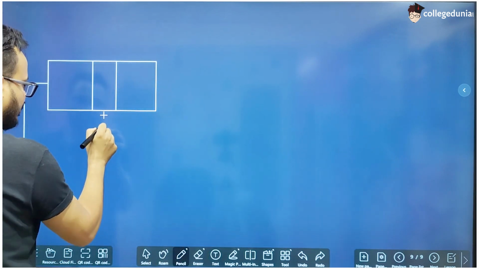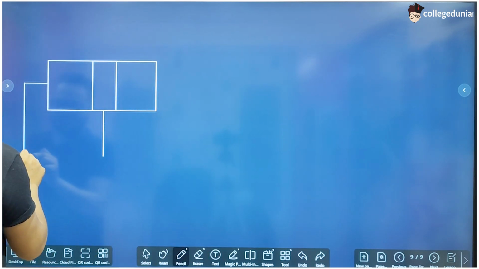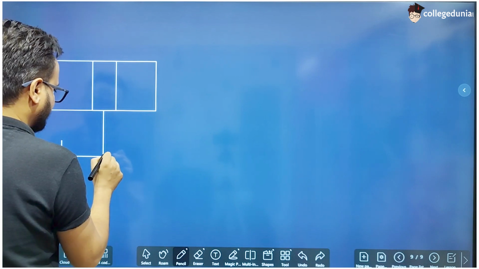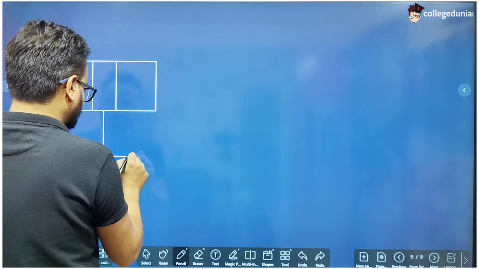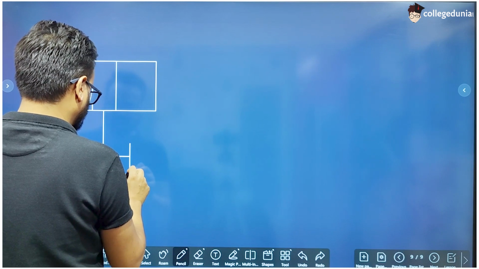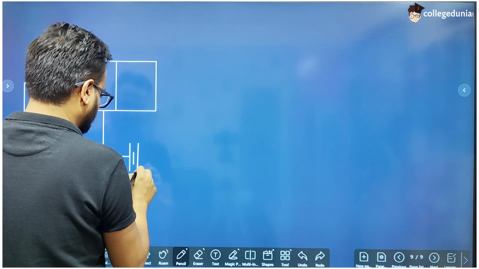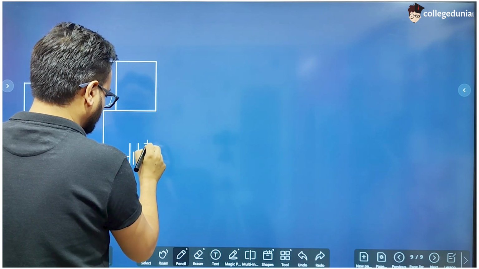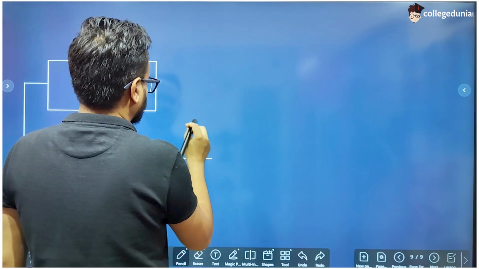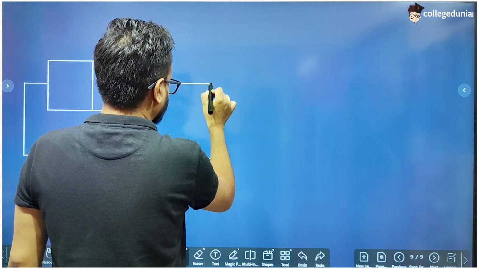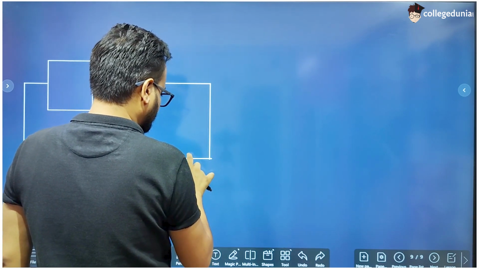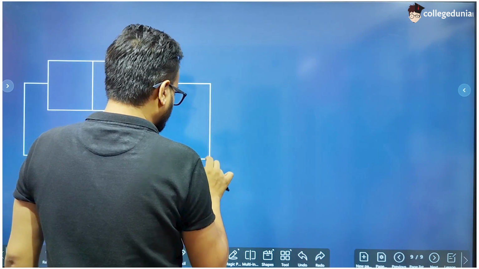I'll just draw the diagram of the transistor. So this is a transistor.